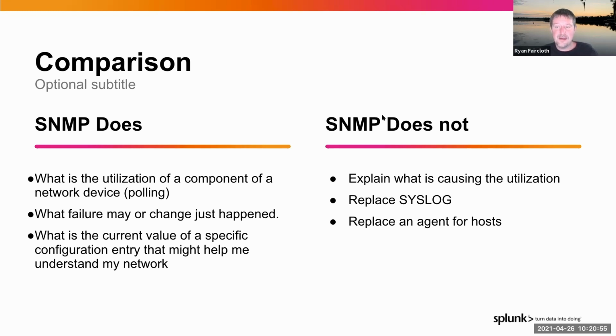And it cannot explain why things are utilized in most cases. What do I mean by that? Well, I might see an interface or a firewall interface that is used in the 90% range, and that's probably a concern. But utilization alone doesn't tell me what's utilizing that because thousands of devices could be contributing.